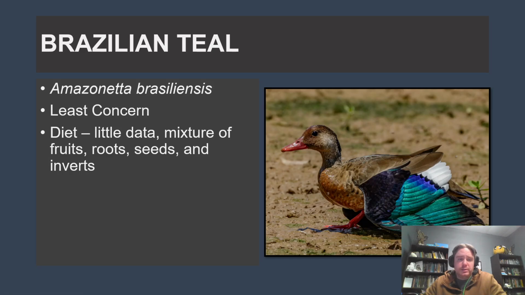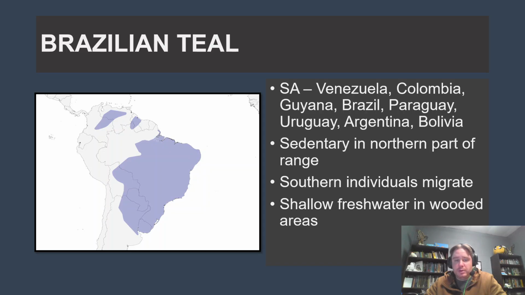The diet for these guys is somewhat unknown. Basically, there's not been any really robust dietary studies, but they eat a mixture of fruits, roots, seeds, and invertebrates. This is a species of South America and is found in countries including Venezuela, Colombia, Guyana, Brazil, Paraguay, Uruguay, Argentina, and Bolivia.